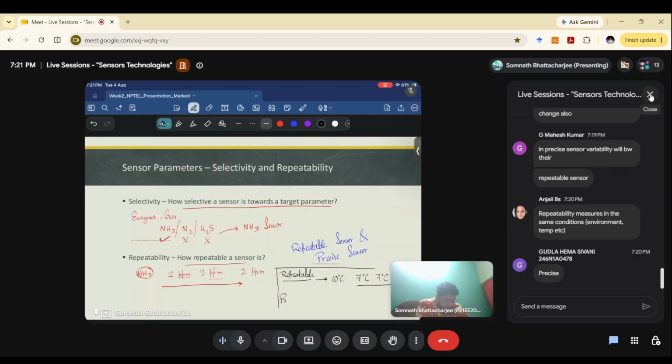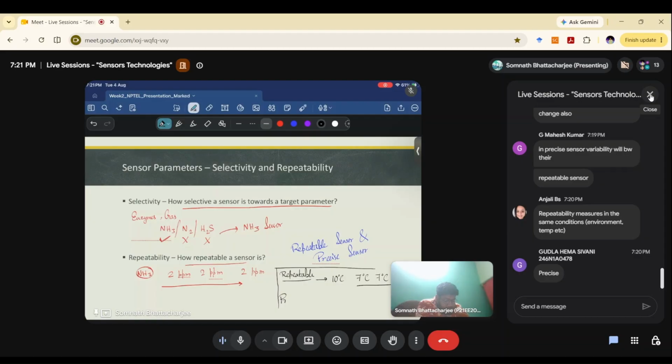Now, moving to resolution. So what is the resolution? Resolution is the smallest amount of detectable change a sensor is able to detect. So what does that mean? Let's say we have a temperature sensor that is moving from 50 degrees to 51 degrees centigrade, right?